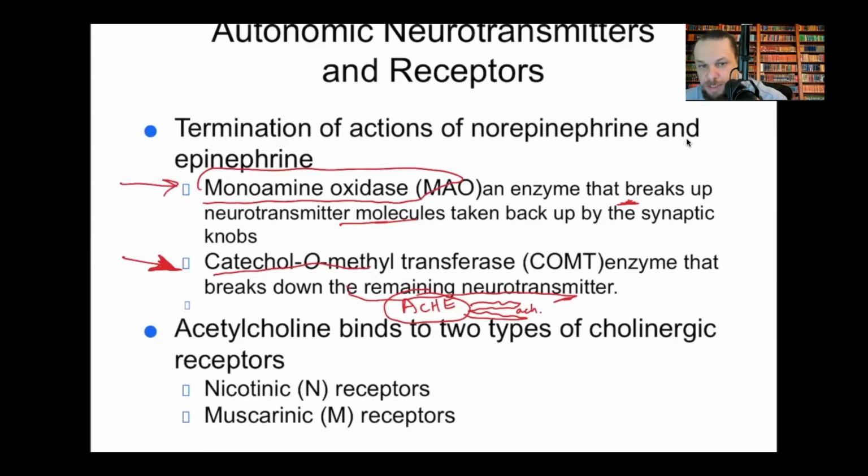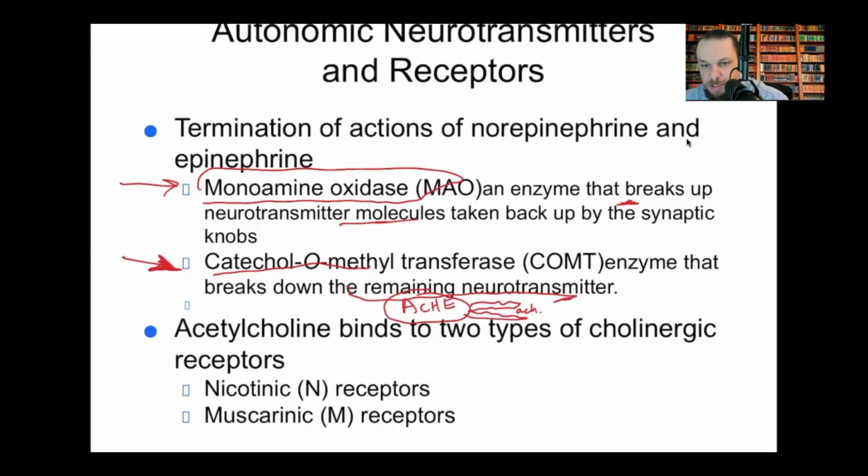A lot of these enzymes are targets of actions in states such as depression, because in depressive states there may be a lack of neurotransmitters. So they block these enzymes from breaking up excessive amounts of norepinephrine and epinephrine.